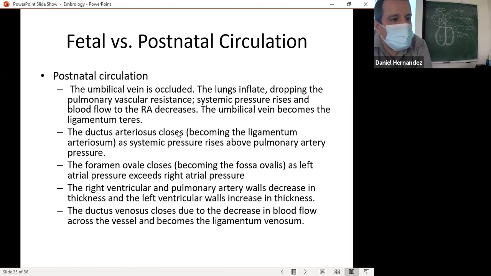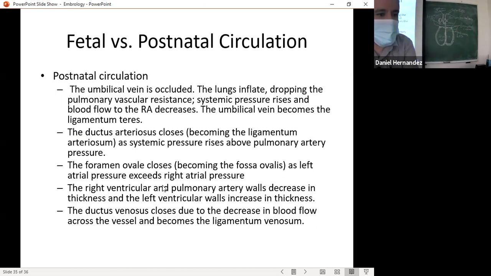The ductus arteriosus closes, becoming the ligamentum arteriosum, as systemic pressure rises above pulmonary artery pressure. The foramen ovale closes and becomes the fossa ovalis as the left atrial pressure exceeds the right atrial pressure.